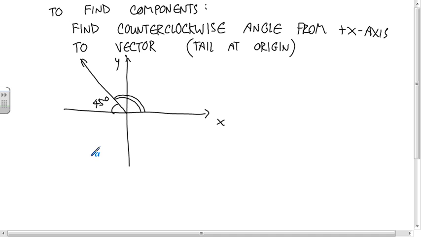The way to think about this always is remember that every time you get to a new axis, it's 90 more degrees. So it's 90 to here, 180 to here, but we didn't make it all the way to here. We stopped 45 degrees short. So this angle is 180 minus 45.